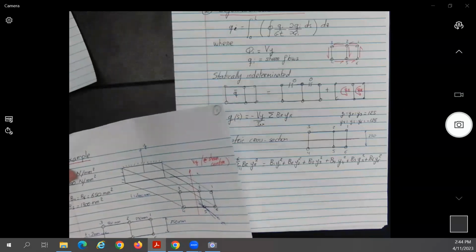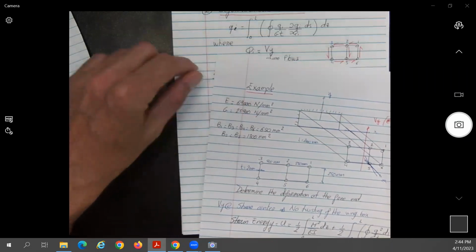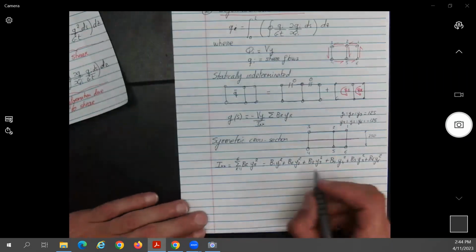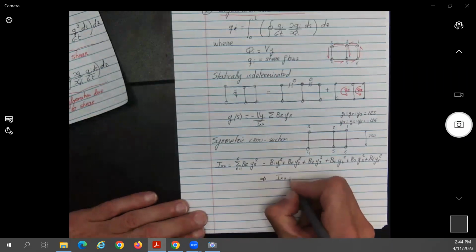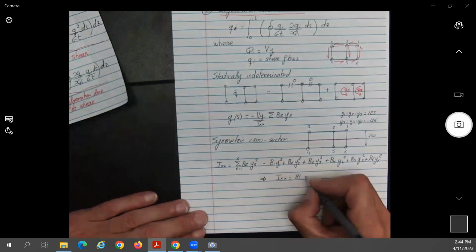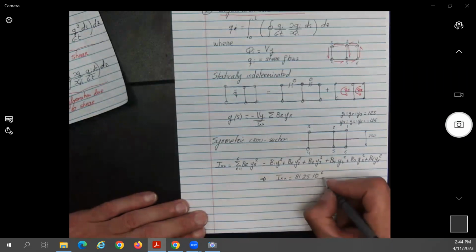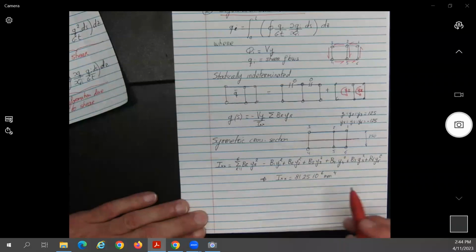And I did give you the values for B1, B3, B4, B6, B2, and B5, no, on the previous page. Okay, so if you do that calculation, I do it for you. Ixx is equal to 81.25 times 10 to the 6 millimeters to the 4.